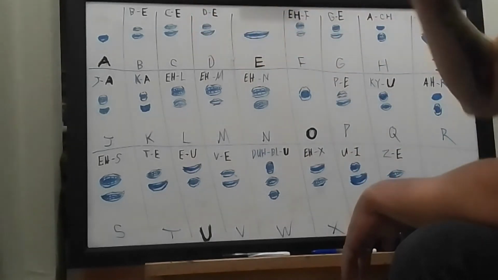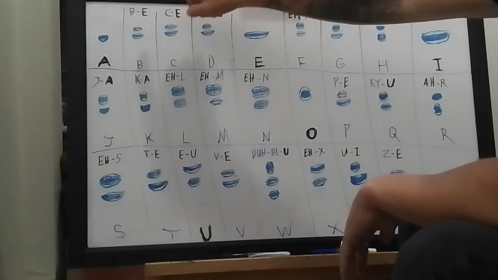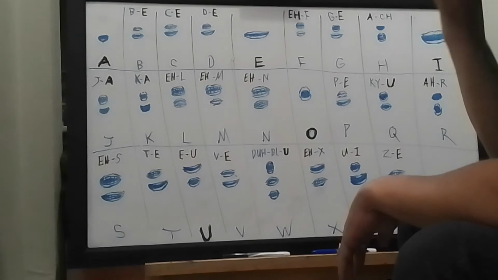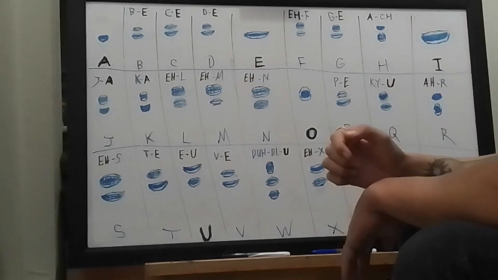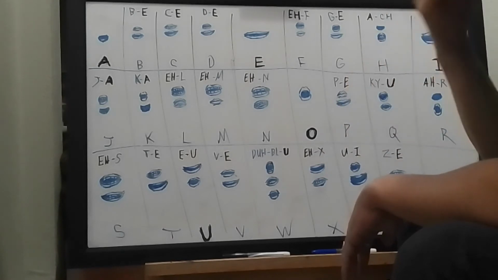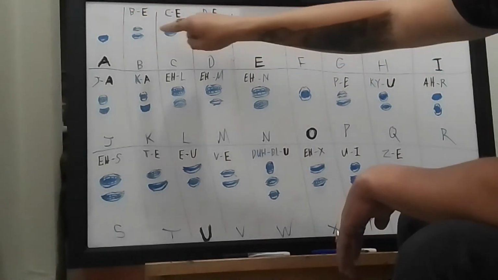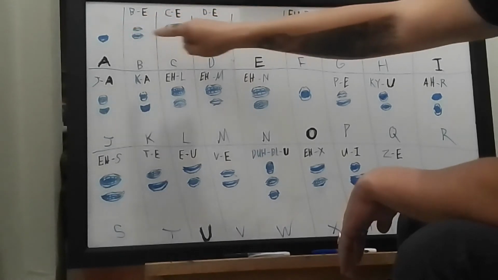So then you'll see up here, B is really closed, and then E is more open. It's more open and widespread. It's spread a little bit wider than A, right?